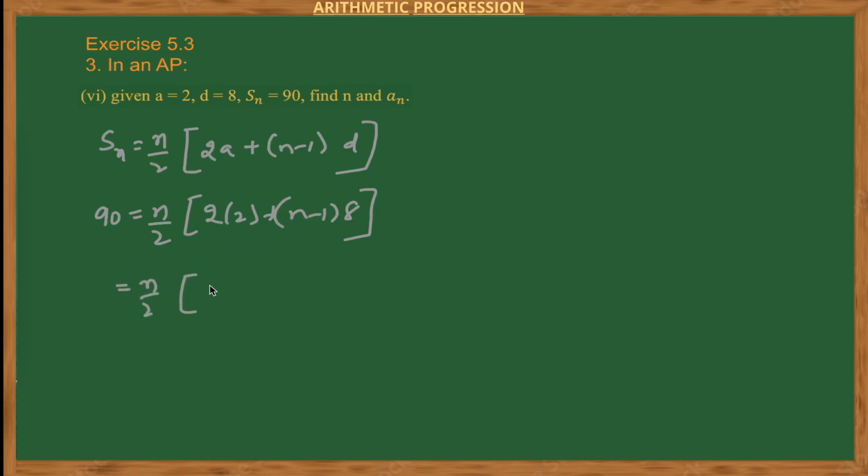N by 2, 2 2s are 4, plus 8N, N into 8 is 10 minus 8. So N by 2 times 8N minus 4. If you see here, the value is 90.